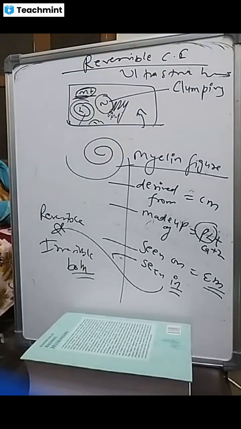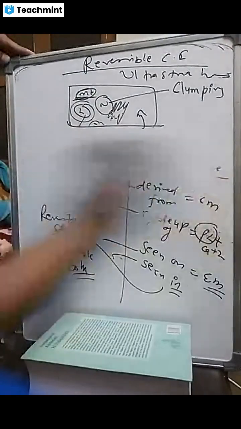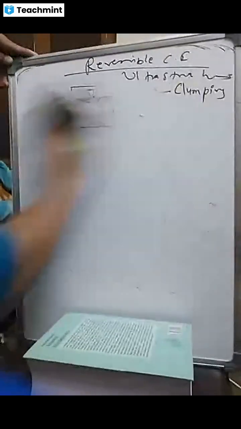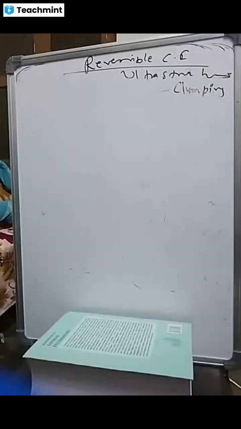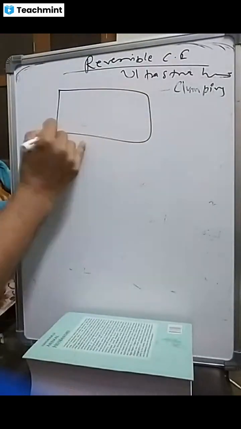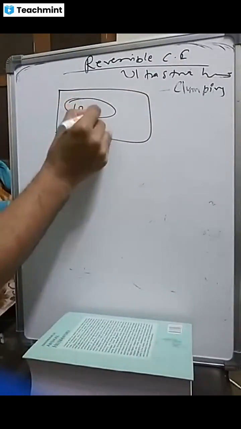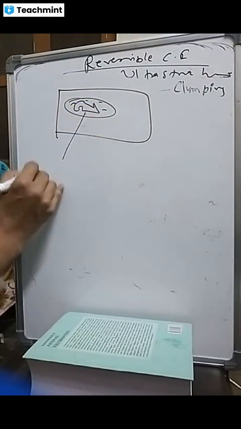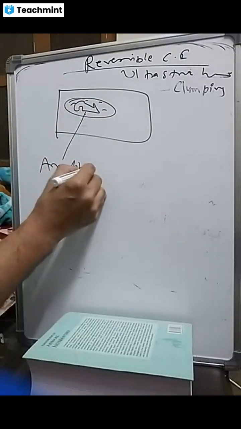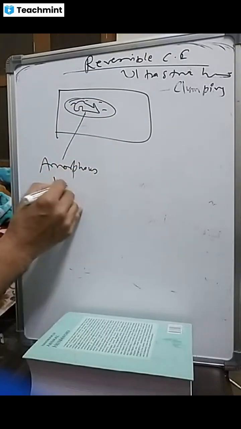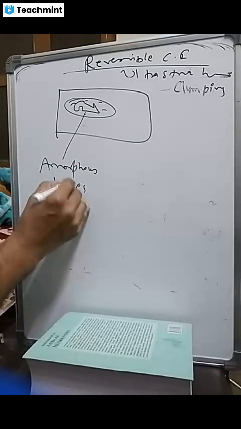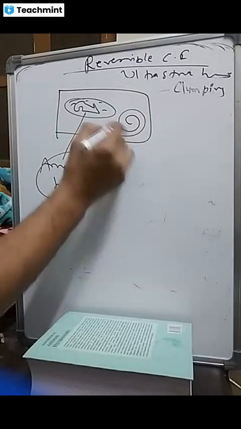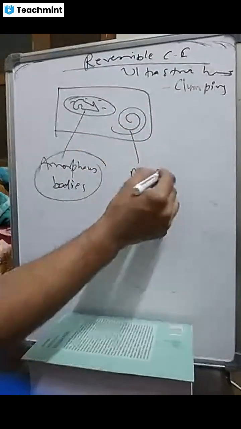So two electron microscopic changes, one with mitochondria and one with cell membrane. Mitochondria: these are amorphous bodies. And with the cell membrane, myelin figures.